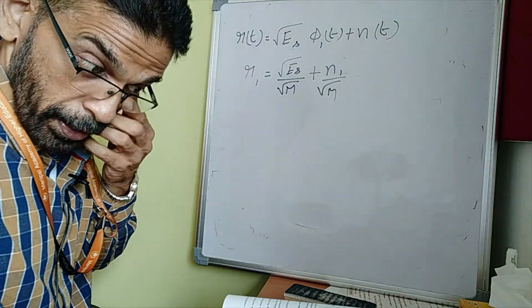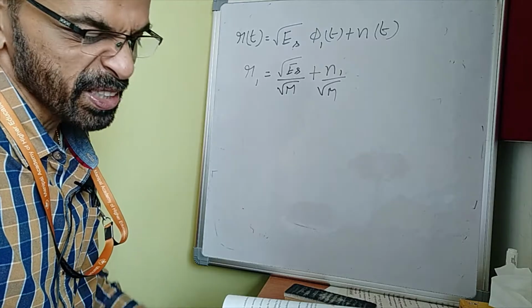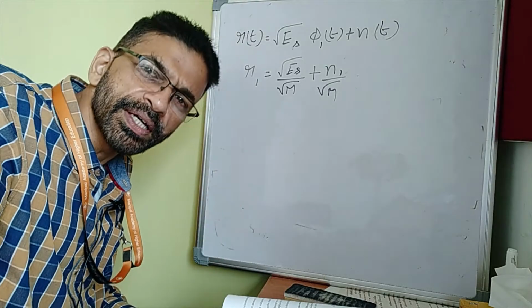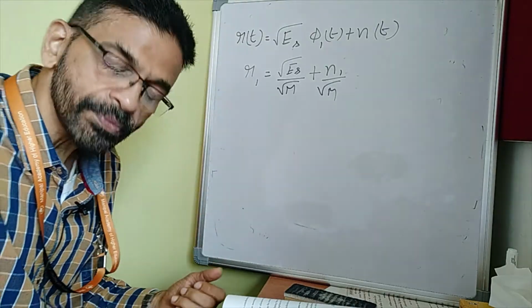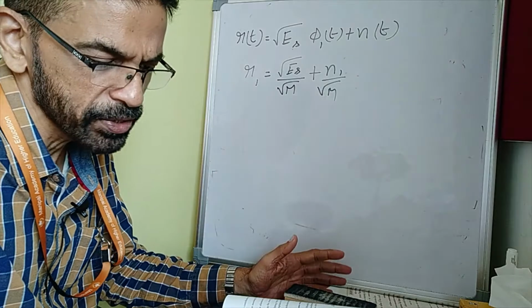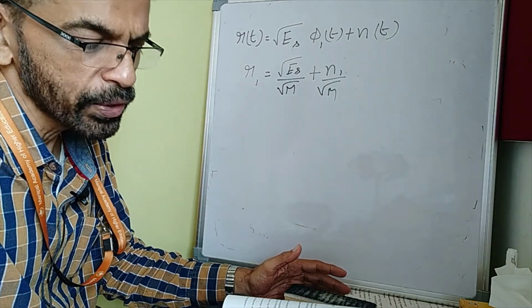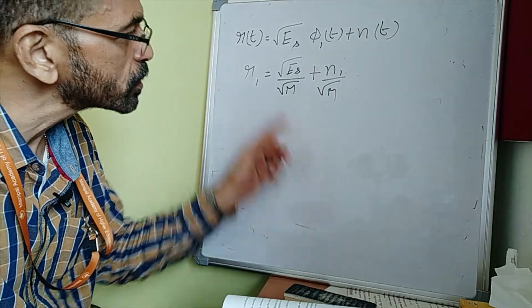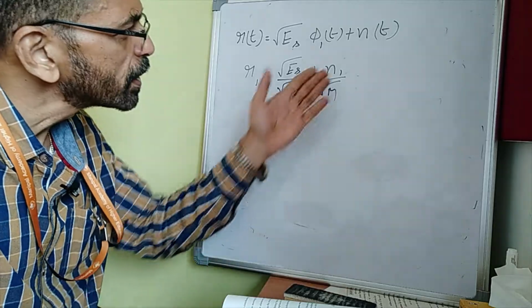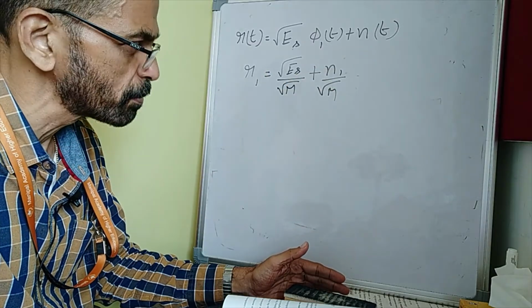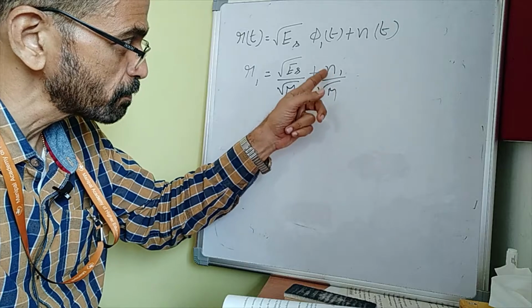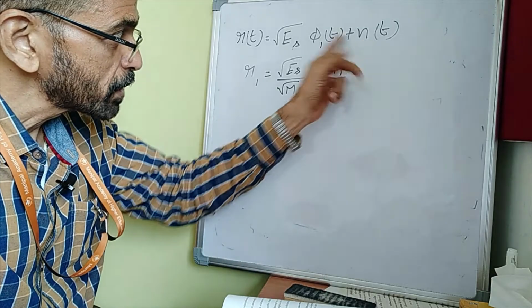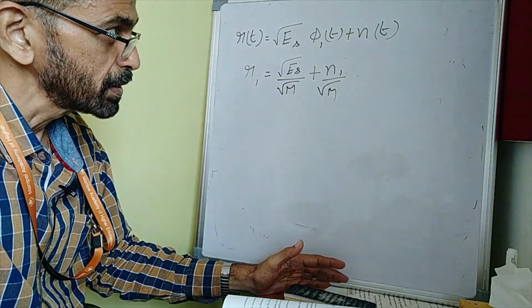I will give a quick explanation without drawing the receiver structure. The signal r(t) is divided into M branches, and the power gets split equally into those M branches. Consequently the signal energy is getting divided by M, and hence root Es is getting divided by root M, and the noise power variance gets divided by M, and hence the noise random variable N1, which we have obtained from n(t) by multiplying that with phi 1(t) and integrating from 0 to Ts.